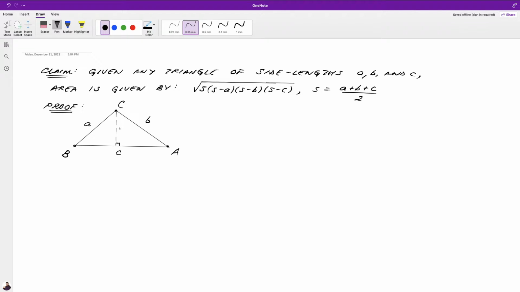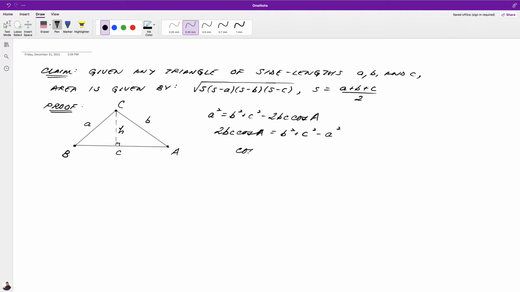And I'm going to label this H. So using the law of cosines first, we're going to have little a squared is equal to little b squared plus little c squared minus 2 little b little c times the cosine of big A. Okay, so if I add 2bc cosine big A to both sides and subtract a squared from both sides, I'm going to get 2bc cosine big A is equal to b squared plus c squared minus a squared.